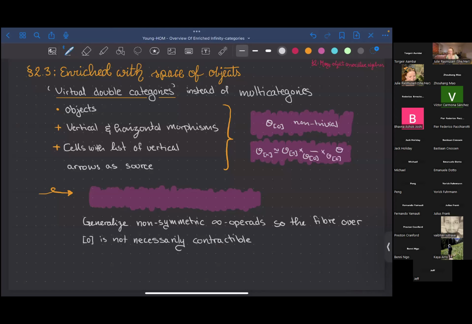So we want a Segal-type condition. And instead of going through the one-categorical case here, let's just jump directly to what it is in our case. And it is what's called generalized non-symmetric infinity operads.